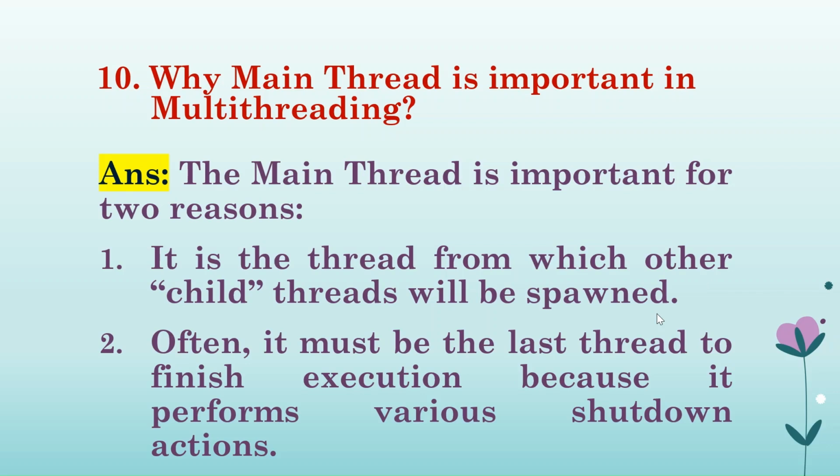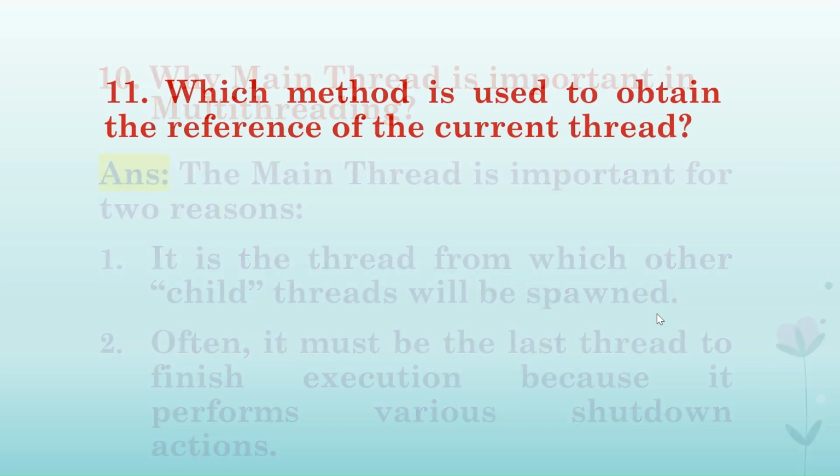So the main thread is the starting point, and from there the child threads can be created. Finally, the main thread should be the last thread to close because it performs some shutdown operations or releases resources. Before that, the child threads need to close their tasks. Only then can the main thread close.